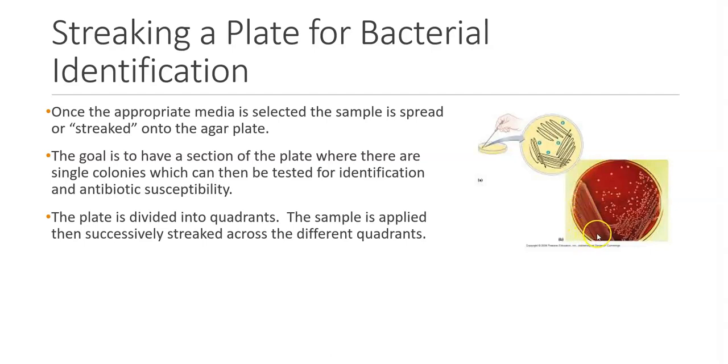And then we fire our loop to sterilize it, and then do another streaking pattern. Turn it, sterilize our loop, do another streaking pattern. And by the time you get to the fourth quadrant, hopefully you have streaked enough to where there will be single colonies, because you can't tell from this massive mess what the morphology or characteristics of this bacteria is.